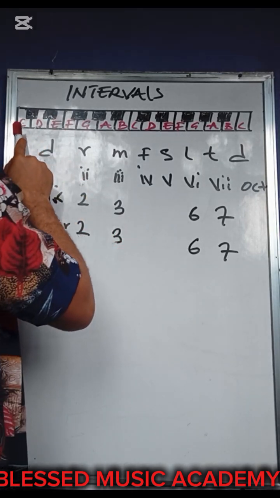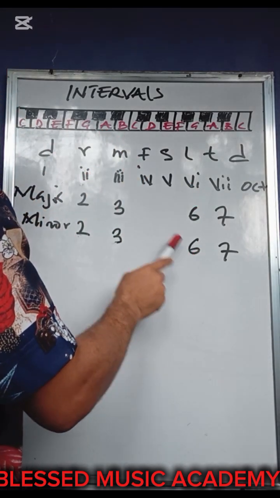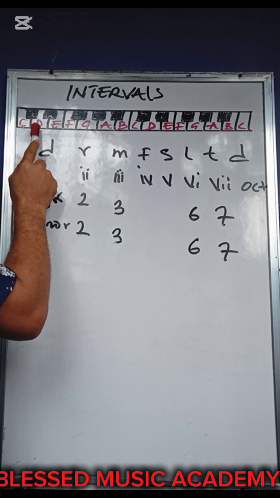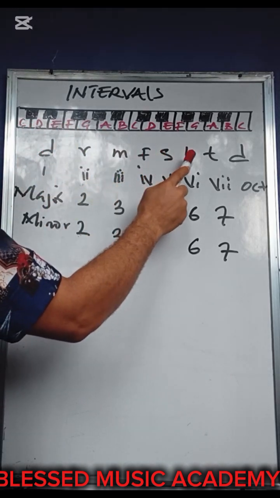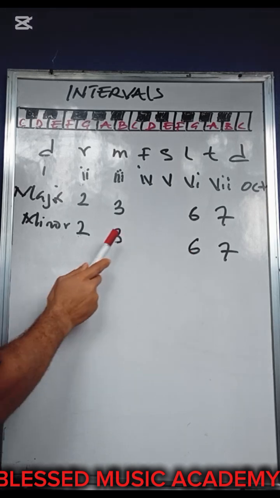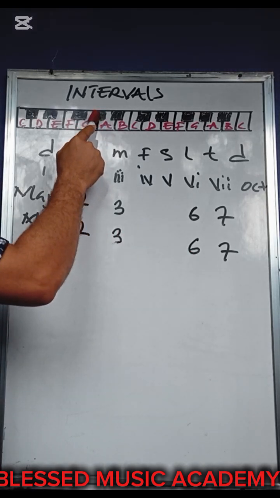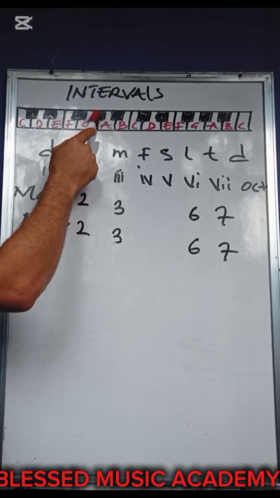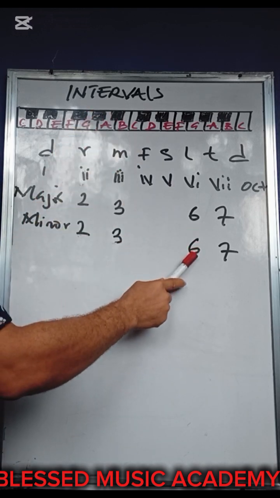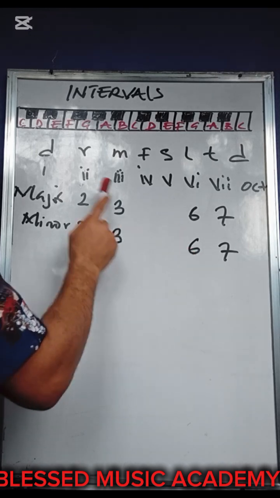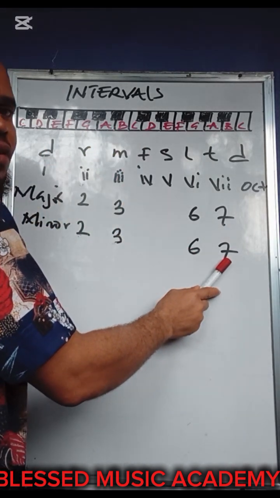Now from C to A is a major sixth. Look at it: C 1 2 3 4 5 6 is a major sixth. But when you lower your A by a semitone to A flat, which is this black key, it becomes a minor sixth. Now from C to B is a major seventh.